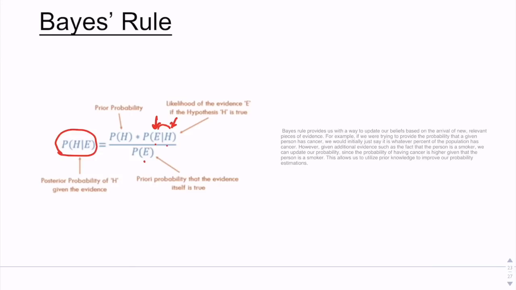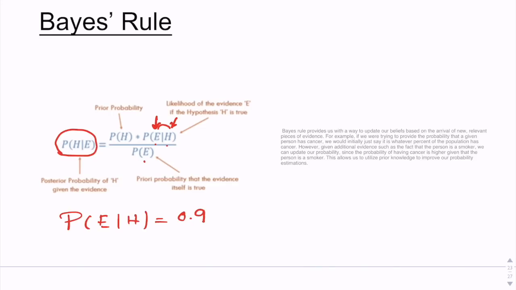If you multiply this likelihood by some prior knowledge of this hypothesis, then we have a better, more accurate estimation. What is the prior probability? Prior probability basically says the chance that a person has cancer. So it's very low. Let's say for this example, you calculated the likelihood, the probability of evidence given hypothesis, to be 0.9.